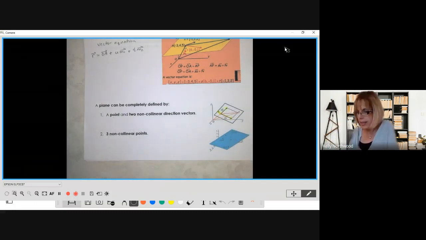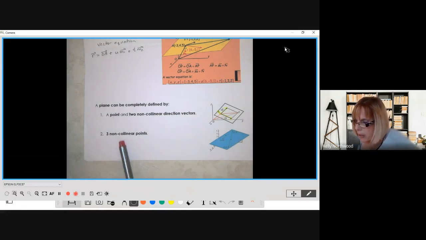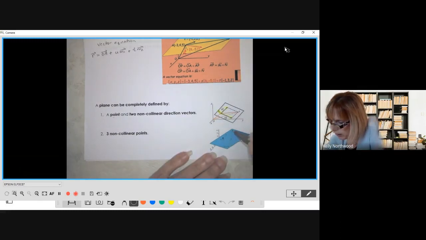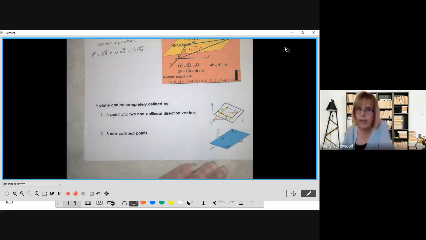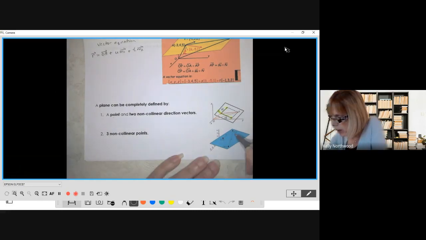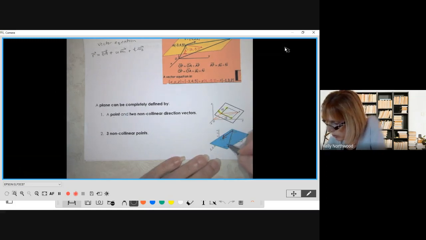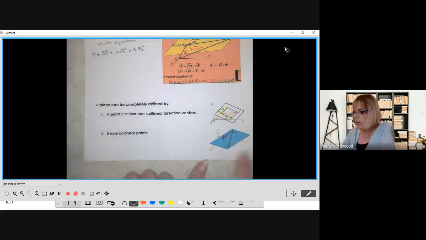That's the easiest way to define a plane. But you can also find the equation of a plane if you're given three non-collinear points, meaning any 3 points that don't line up in a line. We can make two vectors out of those 3 points. One vector there could be one of our direction vectors, and one vector here could be another. Then we have two directions, and 3 different points to choose from for our point.